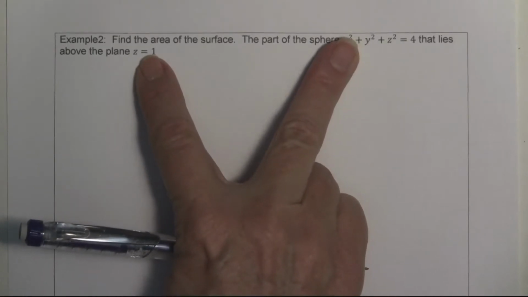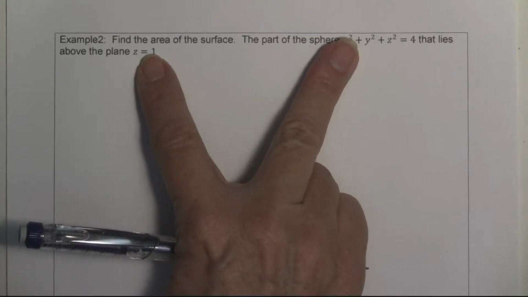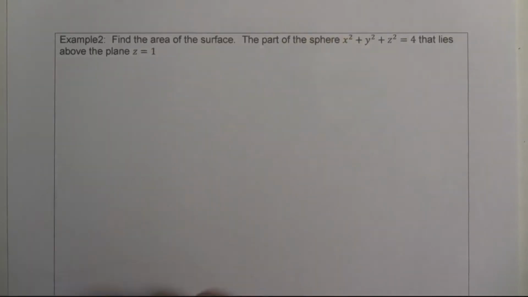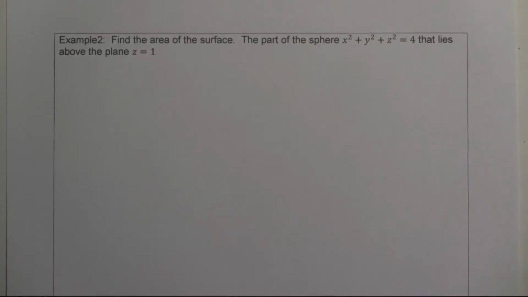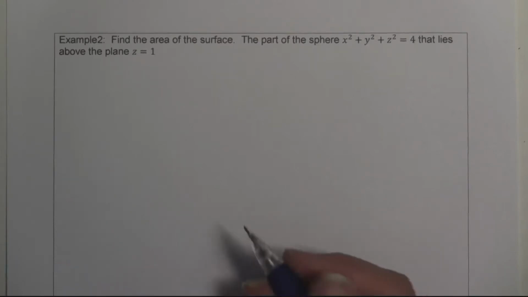This one's already solved for z, so plugging in z is all that I have to do. So one is to find the domain that I'm on, and the other is to find the integral that I'm going to be integrating over.